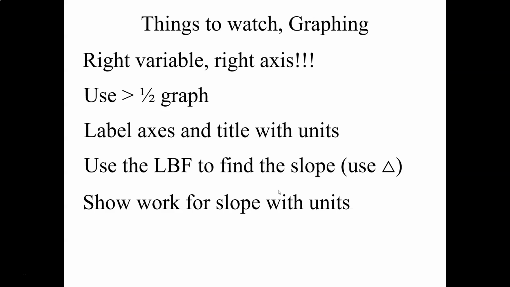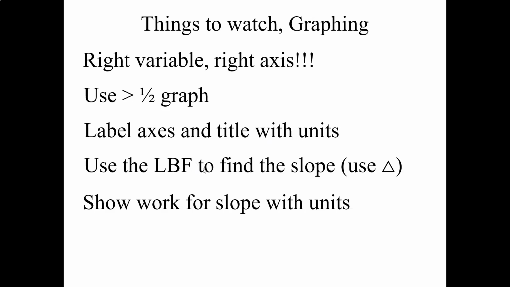Okay, so when you're graphing, things to watch out for: make sure you put the right variable on the right axis. The x-axis is your independent variable, and that's important. Use at least half the graph. You don't have to use 100% of the graph because that would be pretty hard to do, but try to use at least half the graph. Make sure you label both axes, the x and the y, with the title of the axis and the units in parentheses.